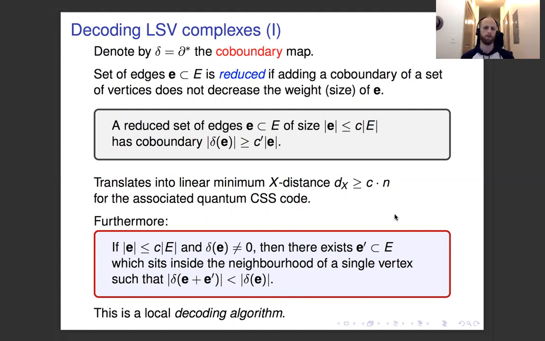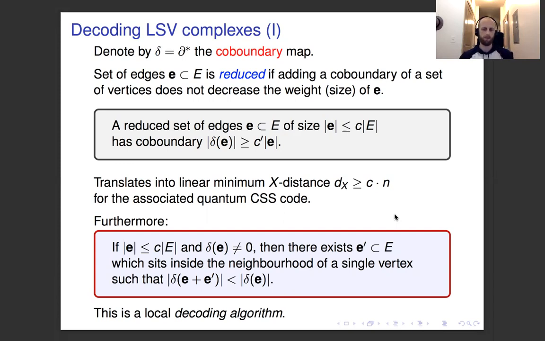Furthermore, we also have the following fact: if you have a set of edges, again, bounded by some constant fraction of all the edges in your complex, and suppose it's not a co-cycle, then there is a local set of edges, all of them in the neighborhood of a fixed vertex, such that if you add this smaller set of edges to your original set, the size of the coboundary decreases.